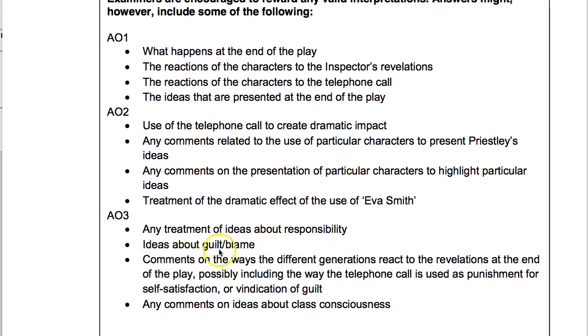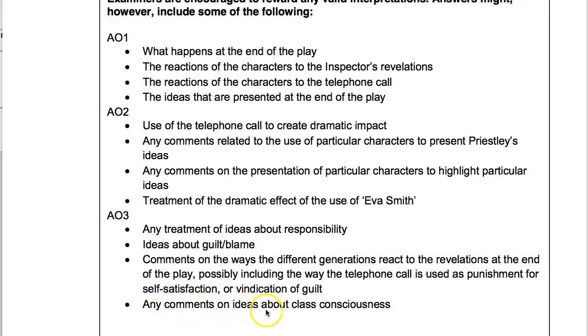Any ideas about guilt and blame? Okay, any comment about guilt and blame is about social change and social responsibility, so it would hit that. Comments on the way the different generations react to the revelation at the end of the play, possibly including the telephone call to be used as the punishment and a vindication of guilt. Again, that's talking about their lack of social responsibility.